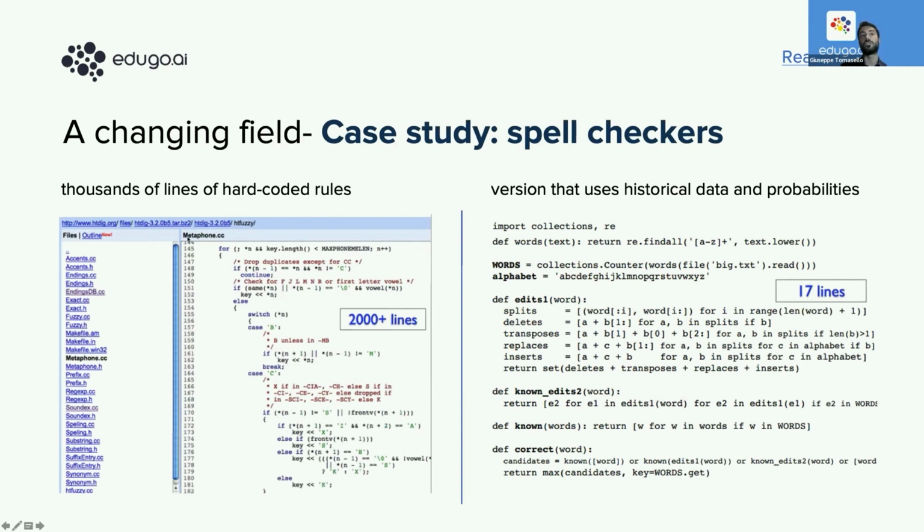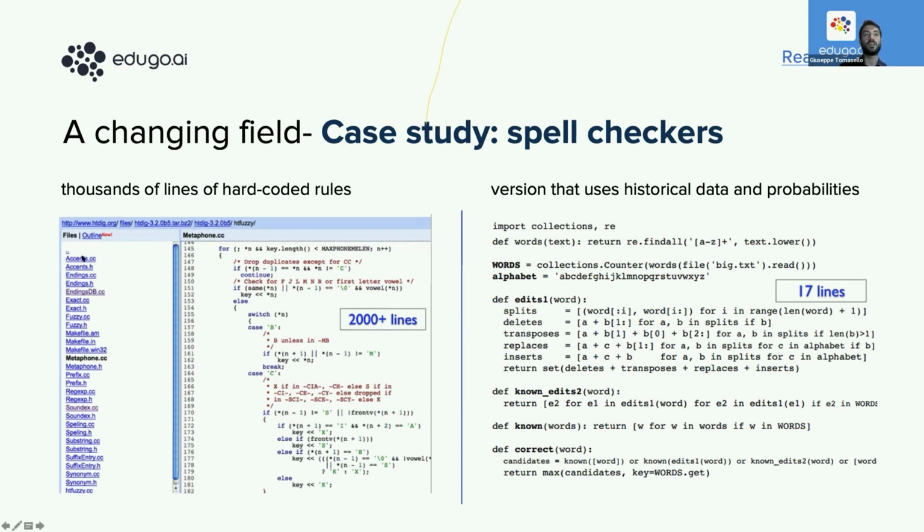Here on the left, you have a rule-based system for a spell checker. Basically, if you want to create a spell checker with rules, you need to write more than 2,000 lines of code that encode all the different rules of the English language, to be able to identify the spelling mistakes of words and correct them.